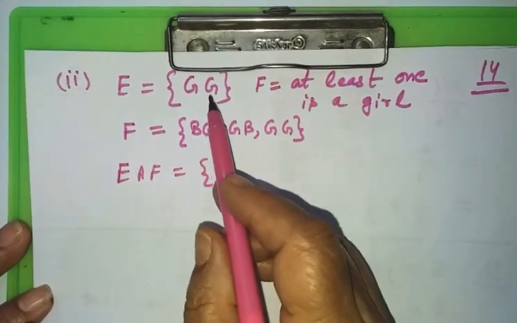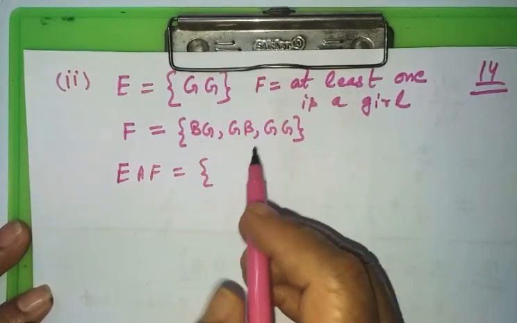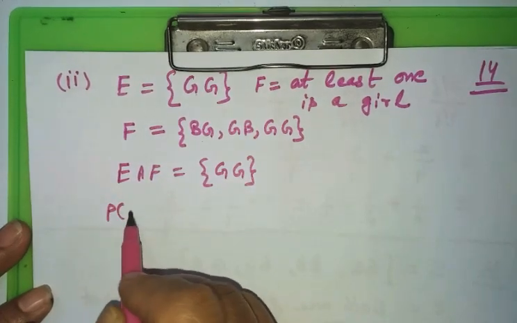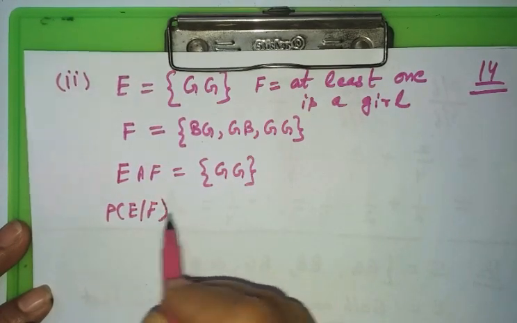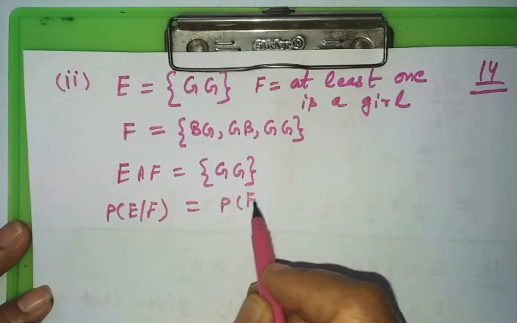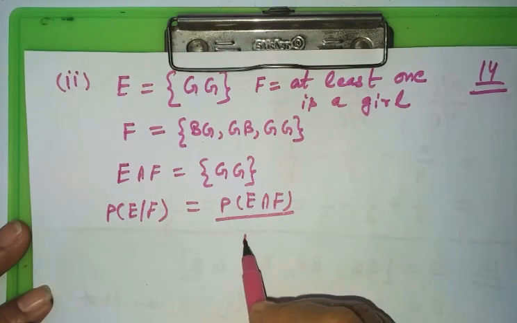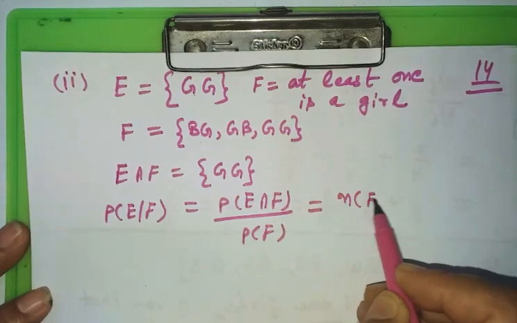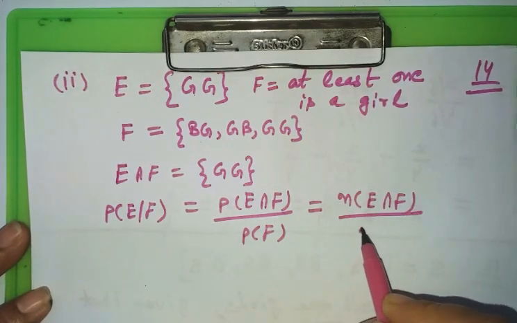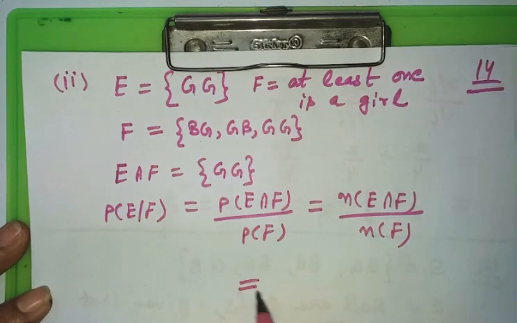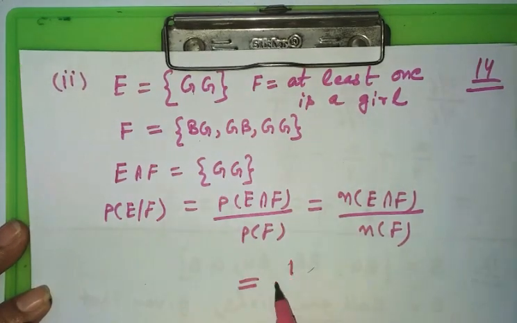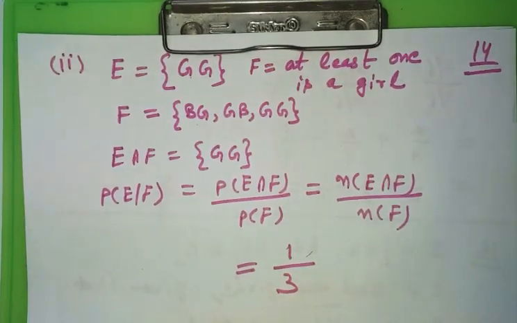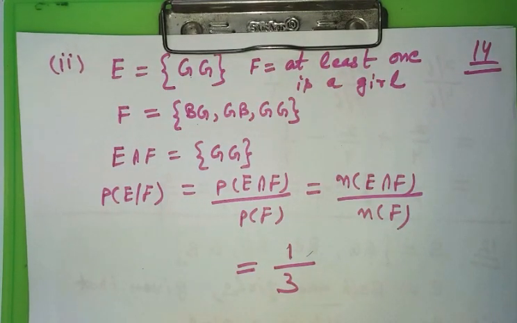I can see what is common in set E and set F. The only common element is GG. Now again I have to find P(E|F), which is equal to P(E intersection F) divided by P(F), which is equal to number of elements in E intersection F divided by number of elements of F. E intersection F has one element, F has three elements. So this is the required conditional probability.